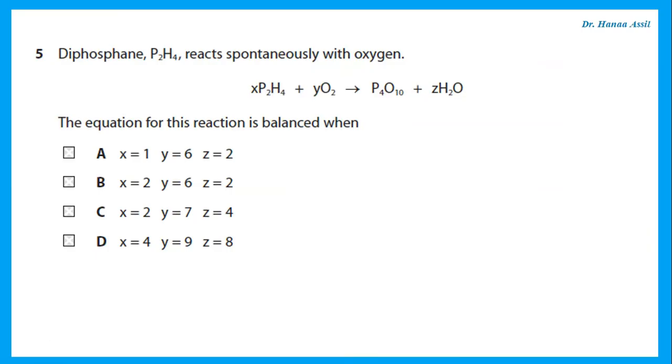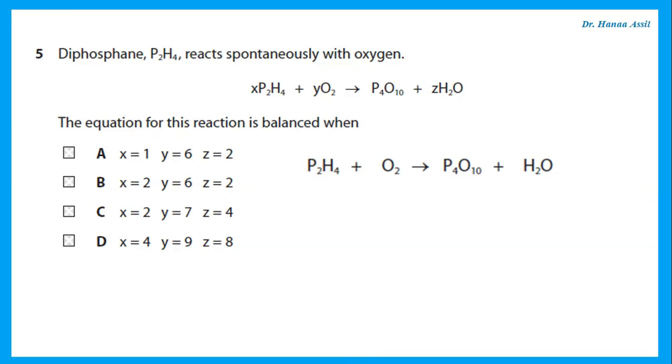Diphosphane reacts spontaneously with oxygen, and we are required to balance. Now you should know how to balance. To balance, we count the number of atoms before and after the arrow and increase the one that is less. So if I look at this, I have 2 phosphorus before the arrow, 4 phosphorus after the arrow.